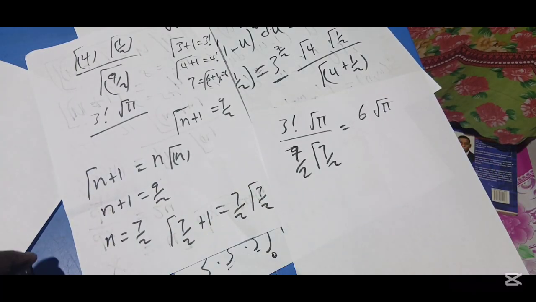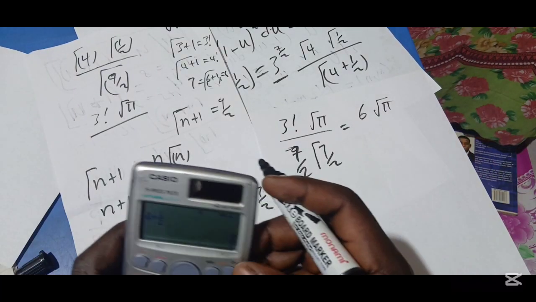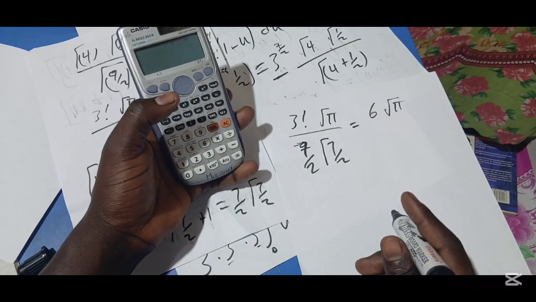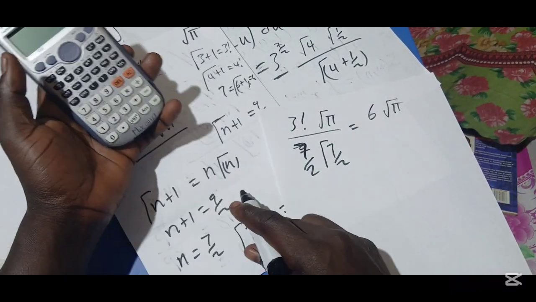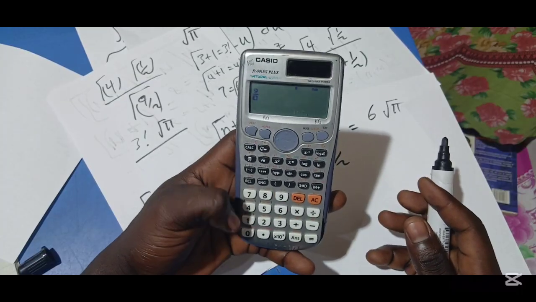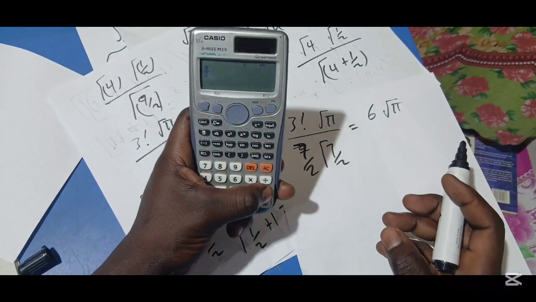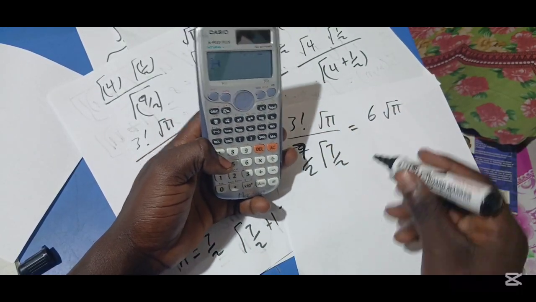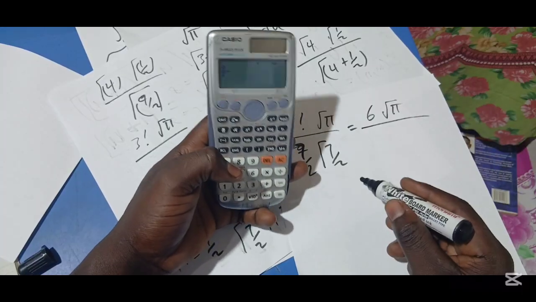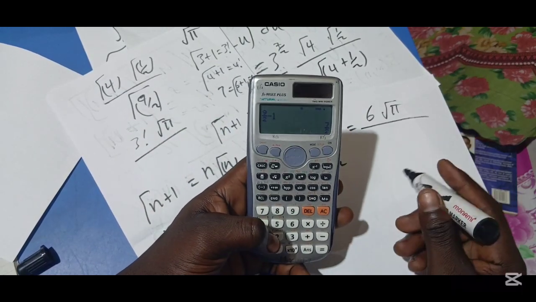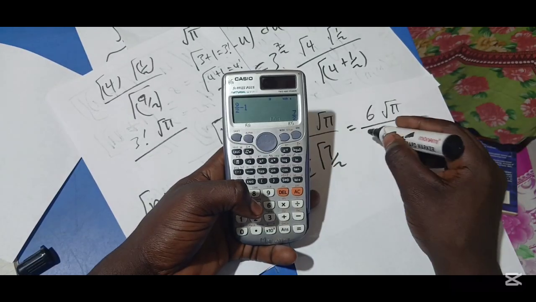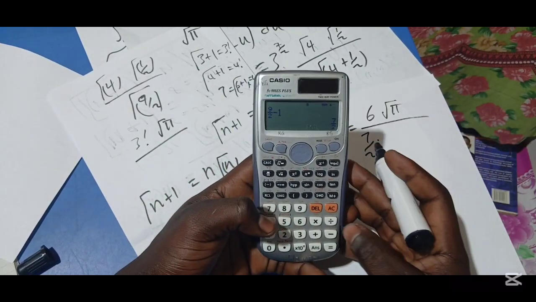And the simple way I used to do this is just use your calculator. You have to find the gamma of 9 on 2. Let's start from 9 on 2. Start subtracting 1 from it. Whatever you get is 7 on 2. So write that down, then multiply.